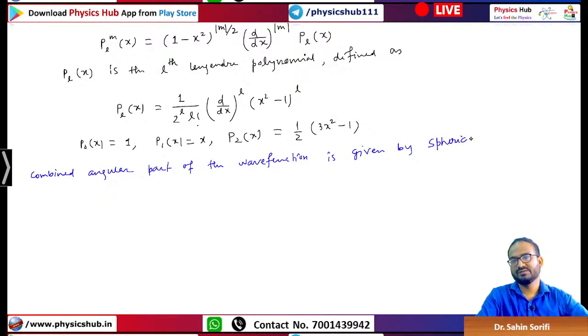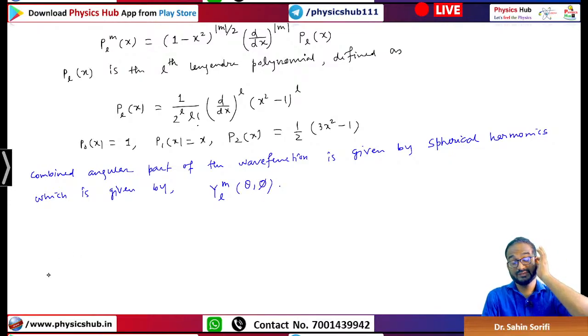We have already introduced spherical harmonics before also. Spherical harmonics is given by YLM theta phi. I told you that we will discuss this later also. You can see it has both theta and phi variables. So this is the angular part.